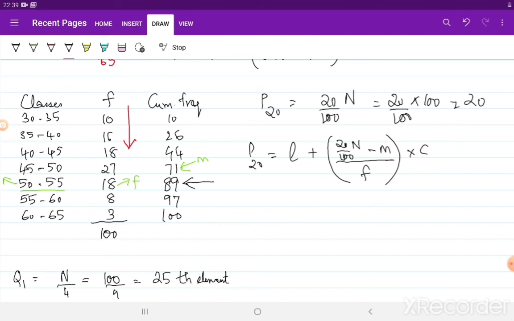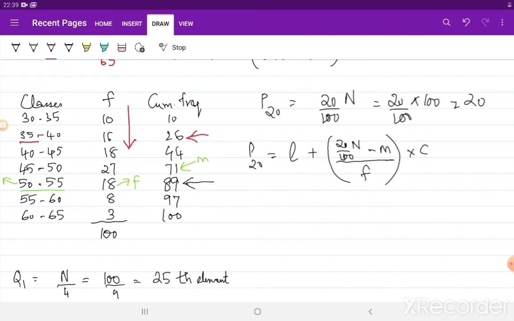Let me take the red color pen this time. My 20th percentile position will fall in this class.